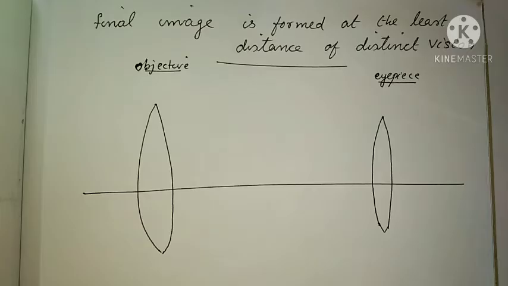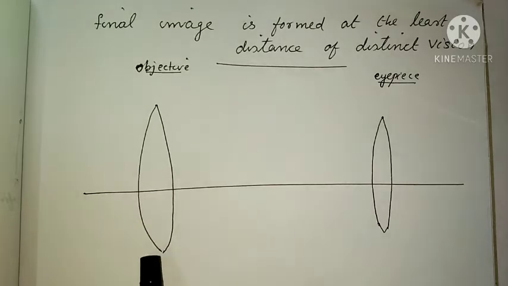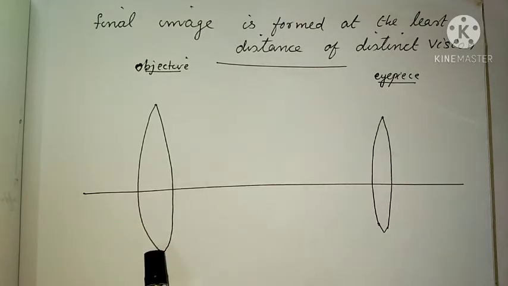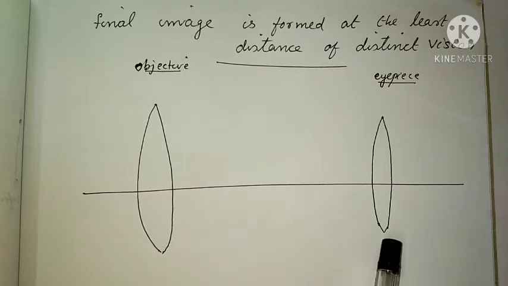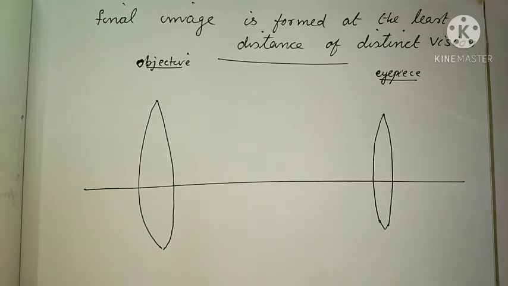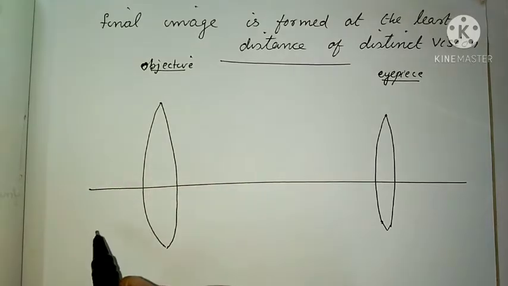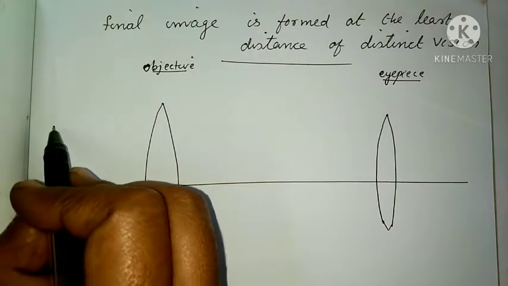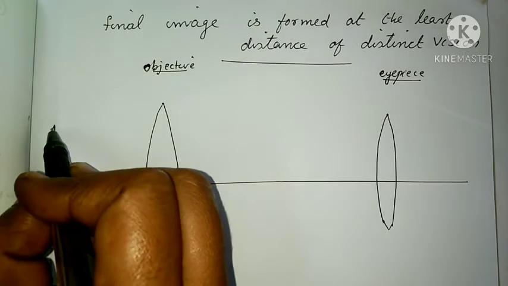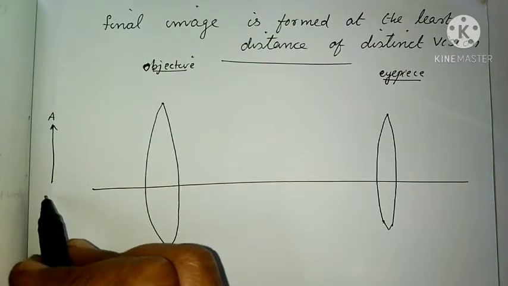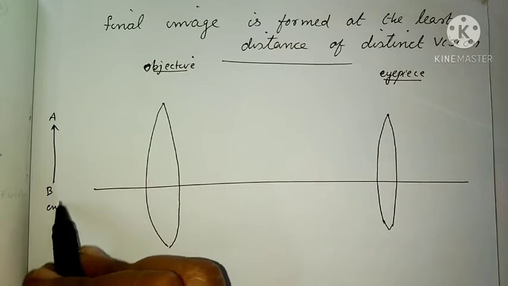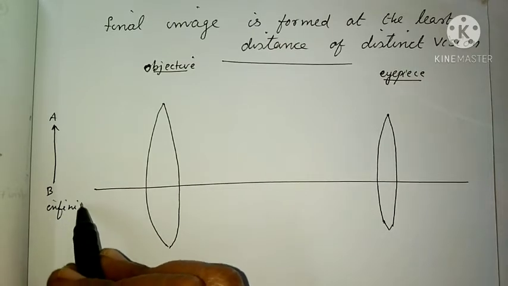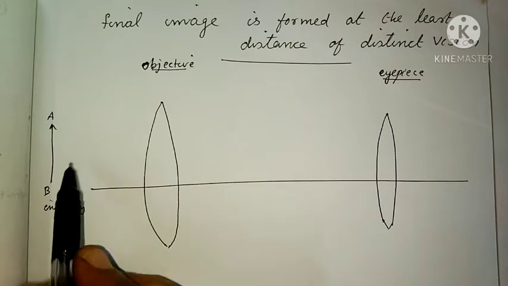Now we can see the first case, where the final image is formed at the least distance of distinct vision. This is the objective and this is the eyepiece. The objective has a large aperture and the eyepiece has a small aperture. Here the object is at infinity. In the case of a telescope, we should place the object at infinity. From the object, the rays directly fall on the objective.